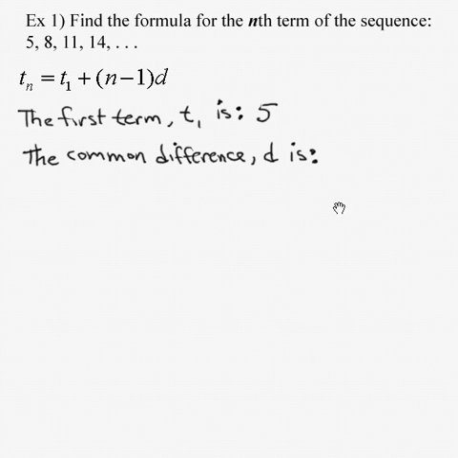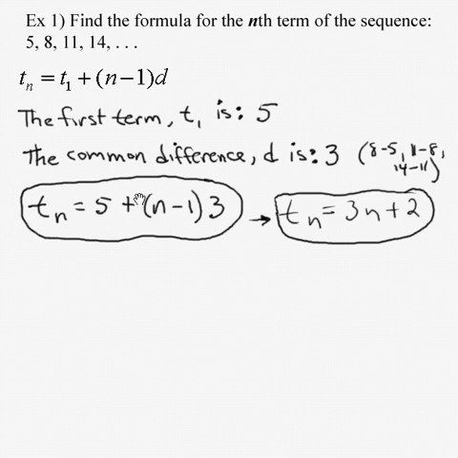Let's look at d, the common difference. What do I add to 5 to get 8? And is there a same number I add to 8 to get 11? Is that the same difference that I add to 11 to get 14? And yes, that is. It's 3. To verify it, 8 minus 5 is 3, 11 minus 8 is 3, 14 minus 11 is 3. So 3 is d, the common difference.